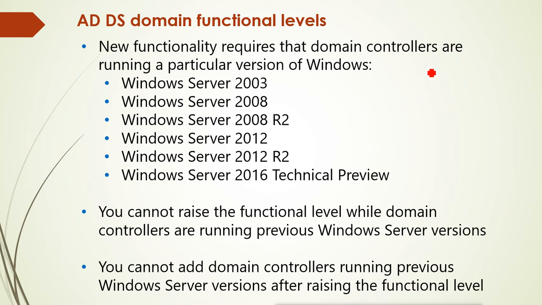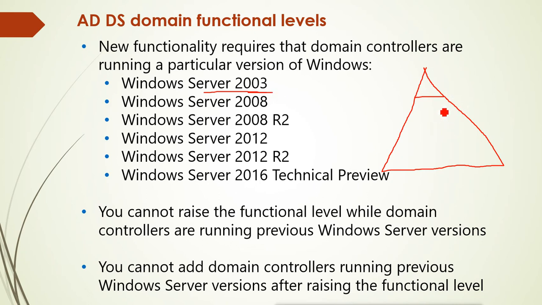That means if we have a forest, and suppose the root domain I created was created when Server 2003 was there, then the maximum functional level for this forest could be the Server 2003 functional level. All the features available for Server 2003 we can use in this forest.